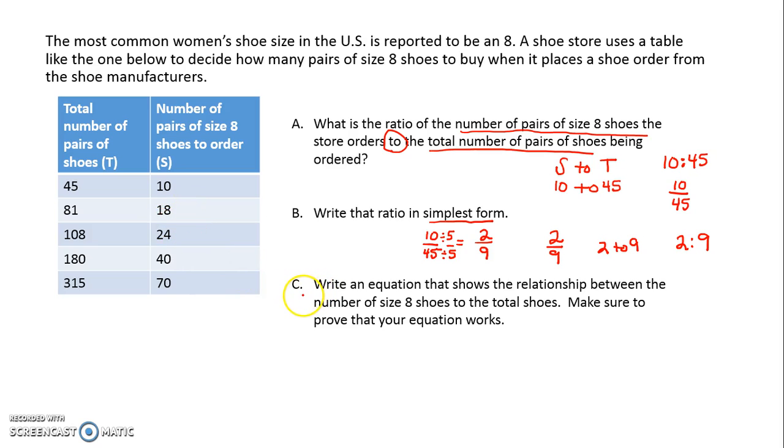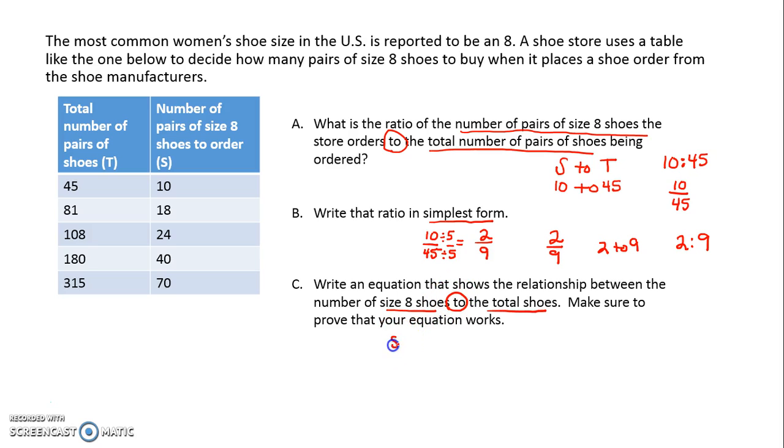Write an equation that shows the relationship between the number of size 8 shoes to the total shoes. So we need an equation showing the number of size 8 shoes to the total shoes. Several ways to go about this. I'm going to show the 7th grade way, and then we'll see what the 6th grade way might look like. Number of size 8 shoes to the total.